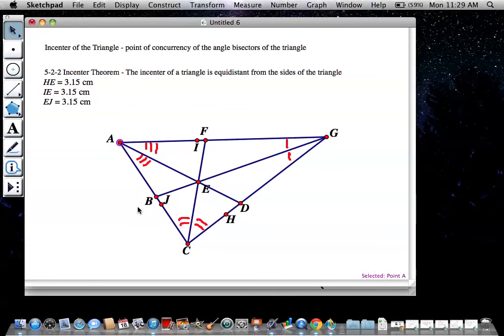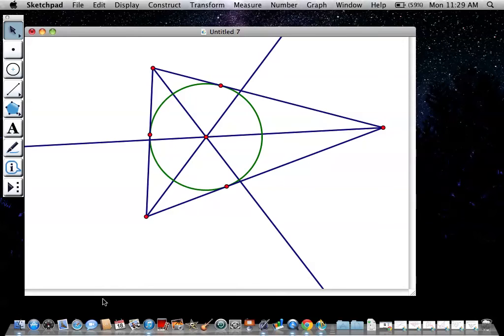So I draw an angle bisector, angle bisector, angle bisector that all meet inside the triangle. And the distance from this side to the incenter is the same as the distance from this side to the incenter and from this side to the incenter. If you notice, I have this triangle and the angle bisectors here, here, and here.